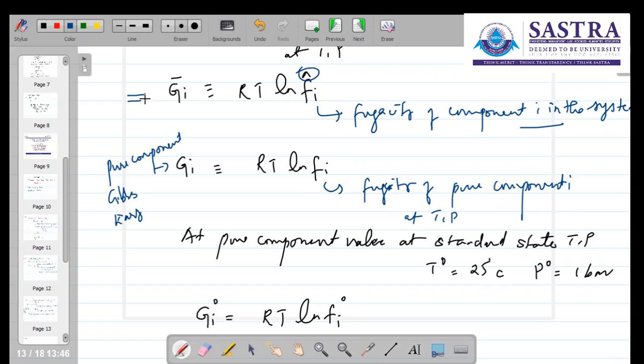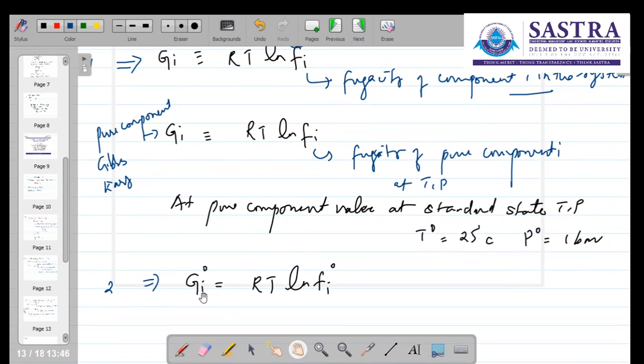So we are going to take the difference of these equations. The first expression, G i bar, is the partial molar Gibbs energy of the component in the system, and the second expression is the Gibbs energy of the pure component, evaluated at the standard state condition.